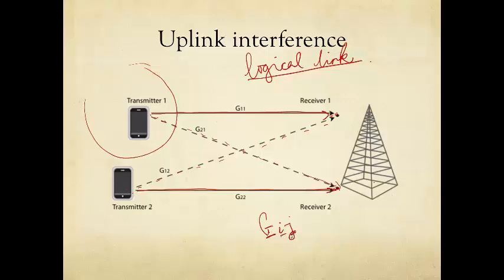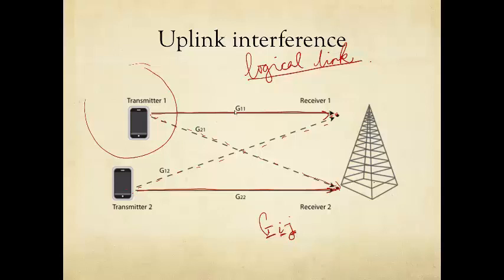It says G_ij represents the channel gain from the transmitter of the logical transceiver pair J to the receiver of logical transceiver pair I. So we're going to use the terms user, transmitter receiver pair, or logical transceiver pair interchangeably.